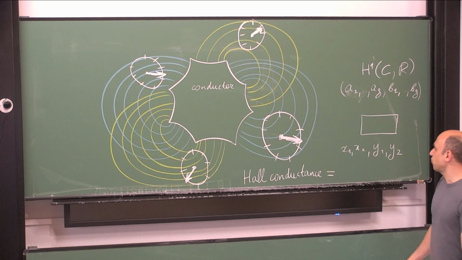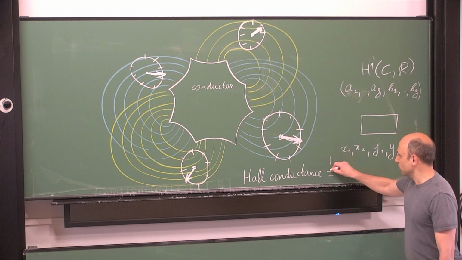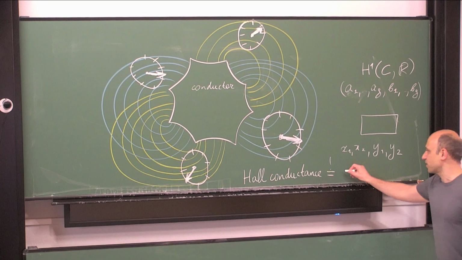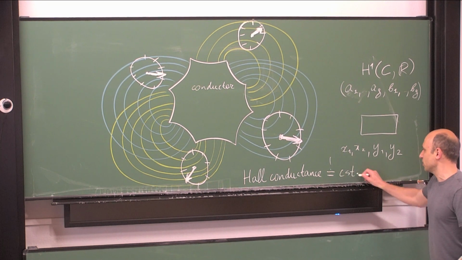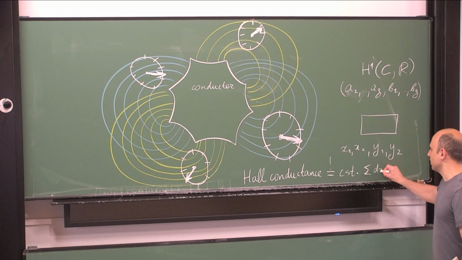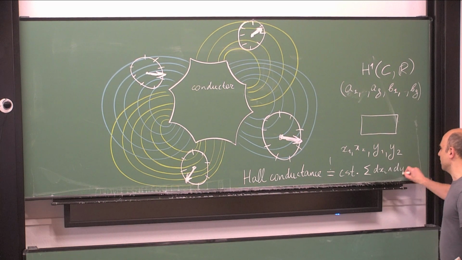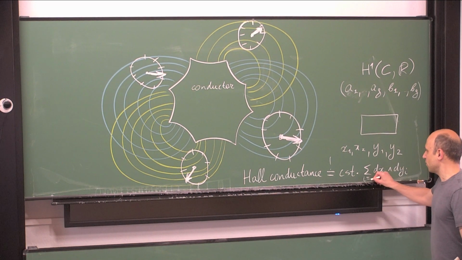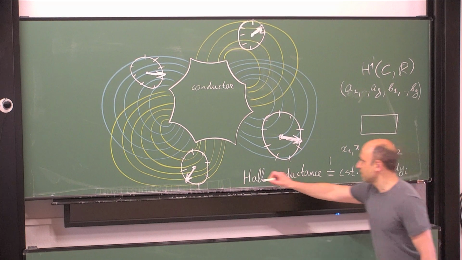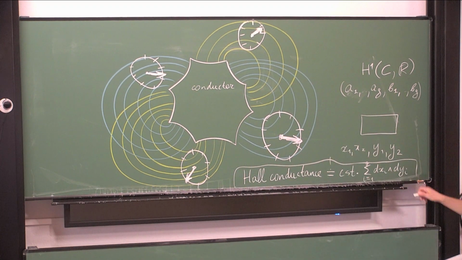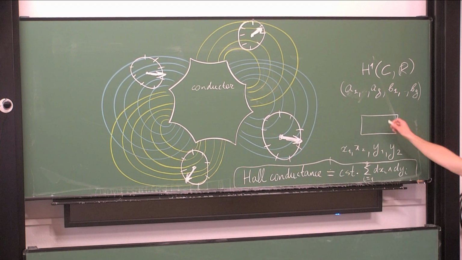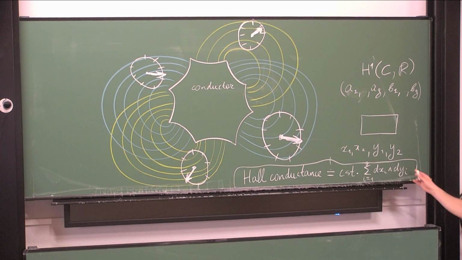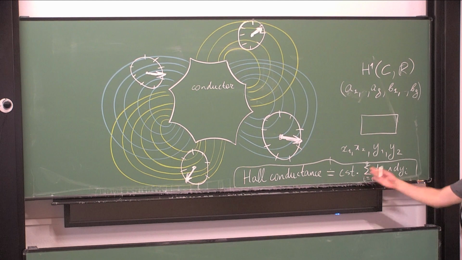So it's actually a two-form, and it will turn out, that's part of the answer, it's some constant that we will determine times the sum of dxi dyi for i from 1 to g. So for genus 1, if you are on a rectangle, you just get one number, this constant times dx dy.